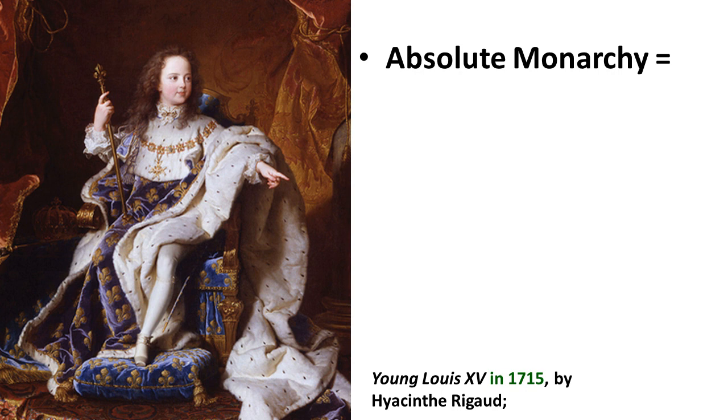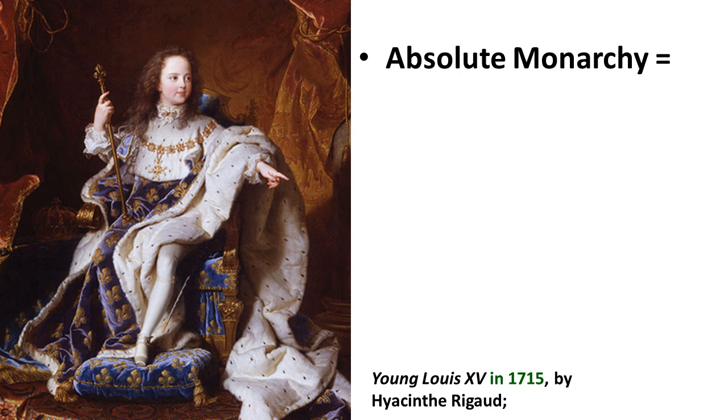And so it leads me to this first important idea, which is that absolute monarchy is a concept, a doctrine, not something that was completely true in reality, but something very important in theory.